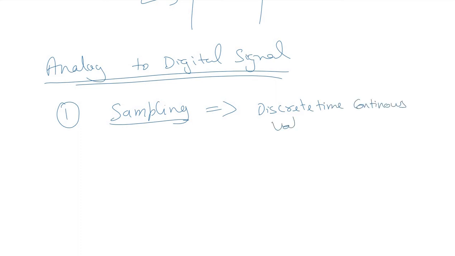For example, if we have a continuous time signal, after sampling we sample this signal for a finite number of time instances.